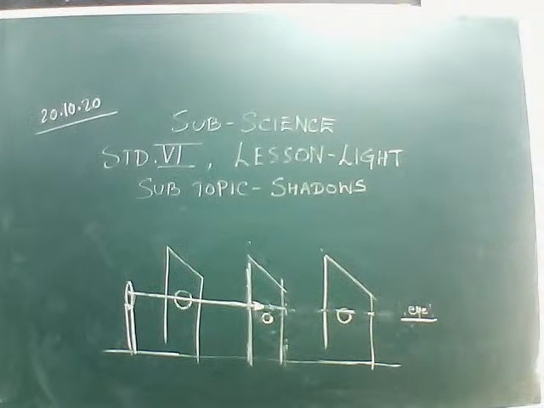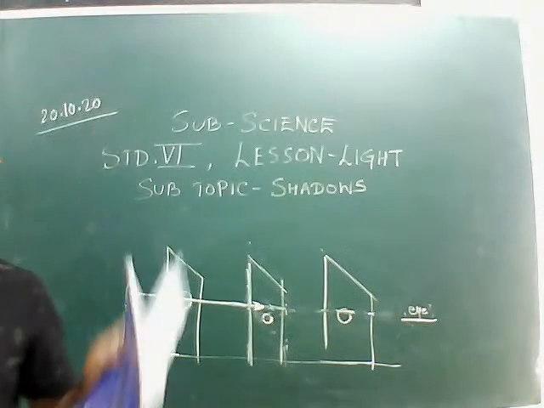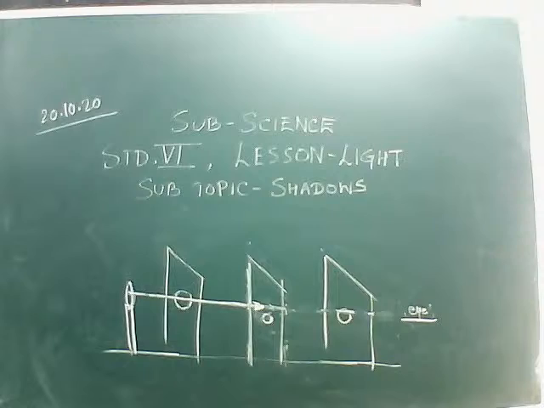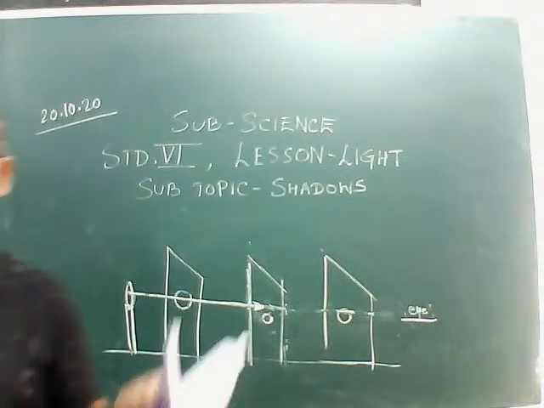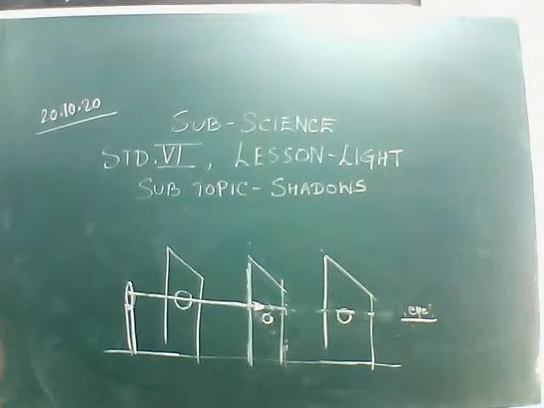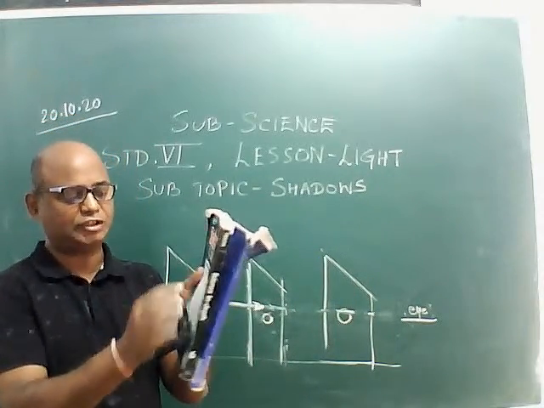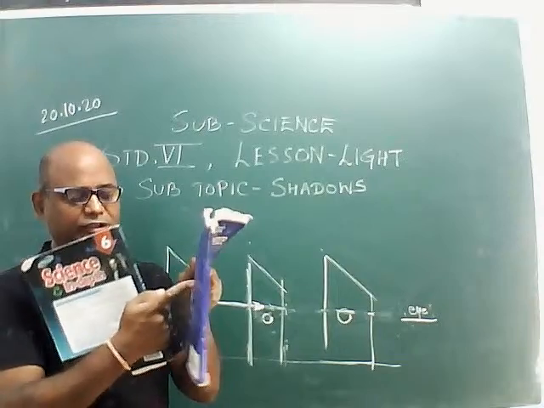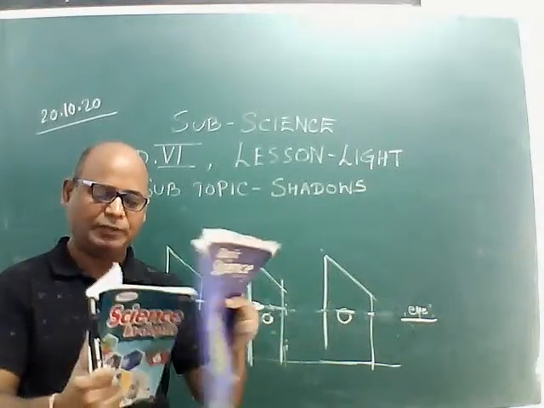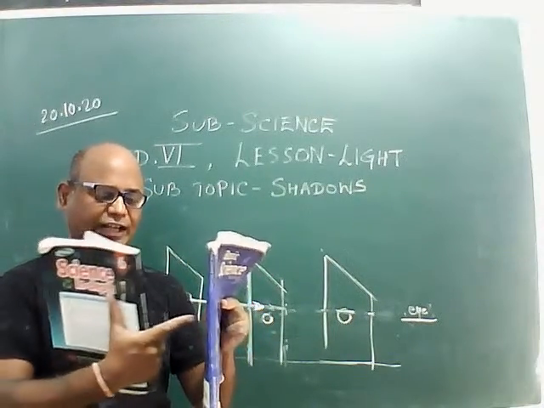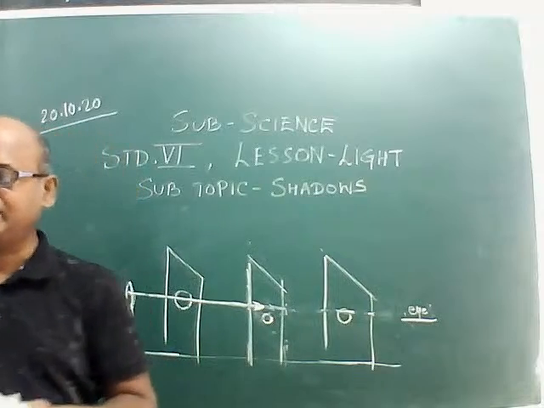Three boards of exactly the same dimension you have to take. Make a hole. Suppose this is the first board. This is another board. Then make a hole in the center. First board, second board, make a hole in the center. Take the third board. Place them exactly so that the centers are in a straight line.